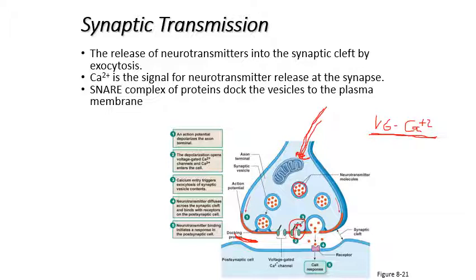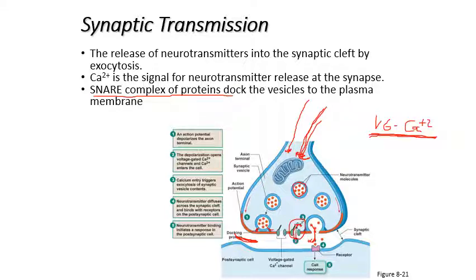Calcium is going to activate these SNARE proteins, and we'll look at these on the next slide to get a better visual. These SNARE proteins result in the docking and the exocytosis of the neurotransmitter. Again, the action potential comes down and cues the opening of the voltage-gated calcium channels.